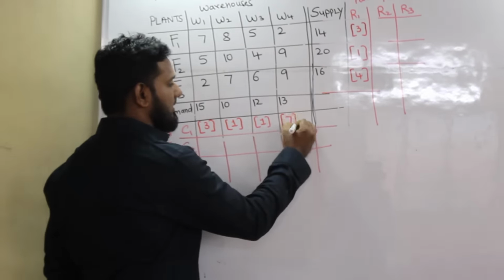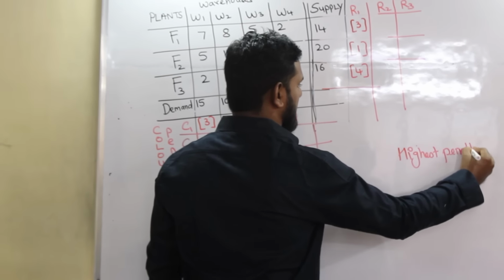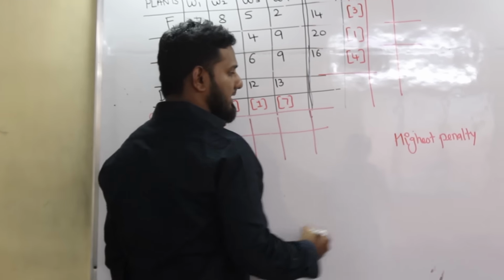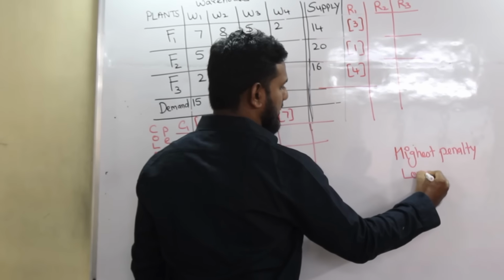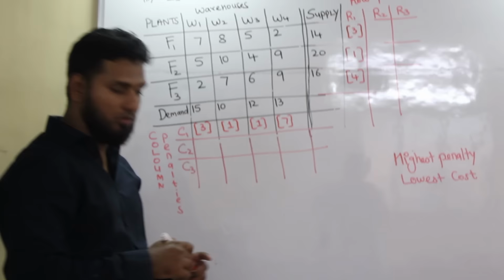The rule for VAM method is you need to select the highest penalty and the lowest cost. That is the main thing you need to do.